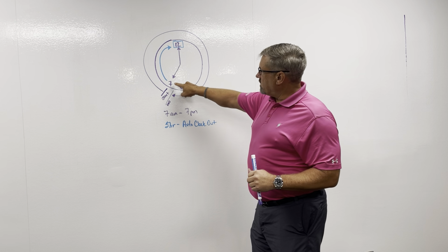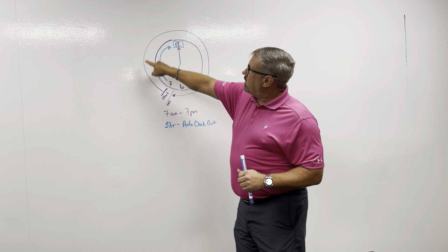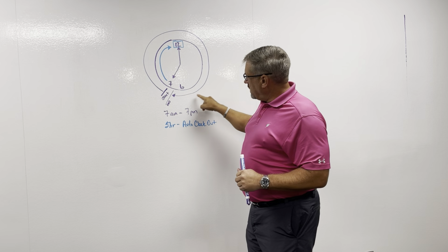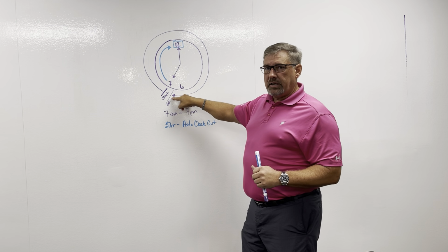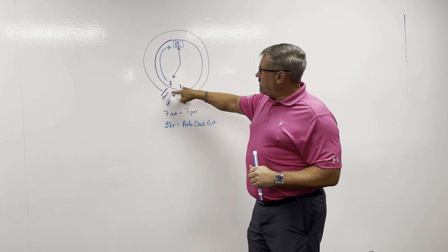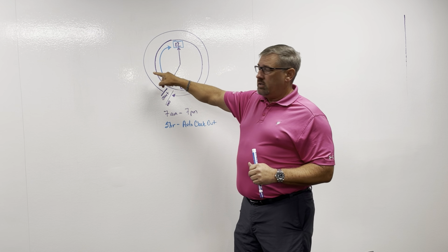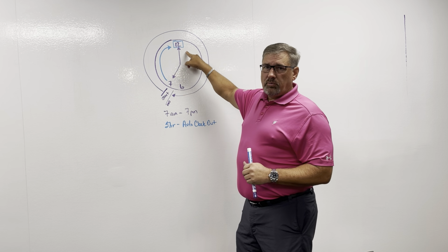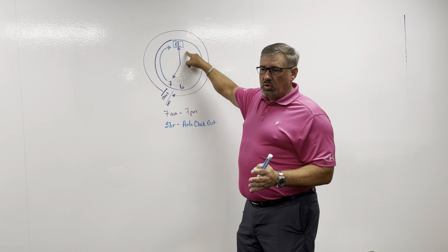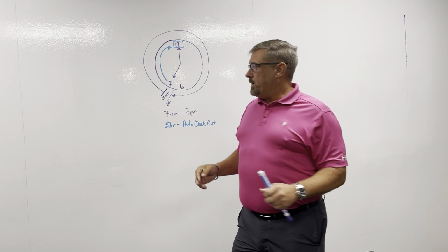So there's going to be a 5-hour window for the auto clock out. What that means is the contractor clocks in at the start time, 7 a.m. They work their entire shift and they forget to clock out at their 7 p.m. clock out time. The system will be watching for activity up until a 5-hour point. Very few people are going to work a 5-hour shift on top of a 12-hour shift.